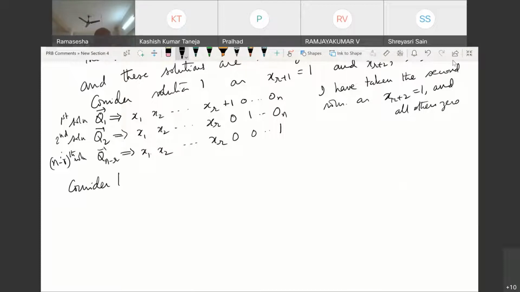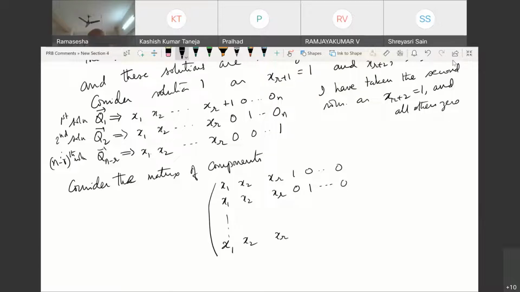That is given by the rows x1, x2, ..., xr followed by 1, 0, 0, and so on, with the last row ending in 0, 0, 1.